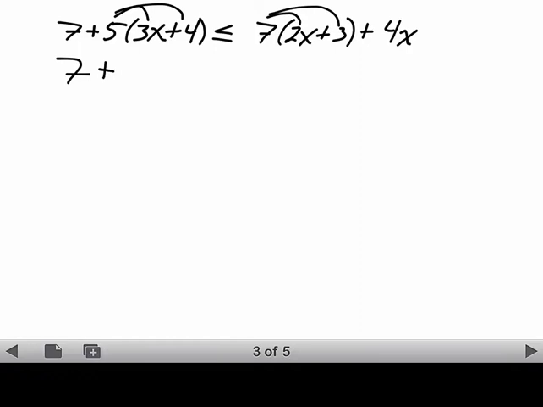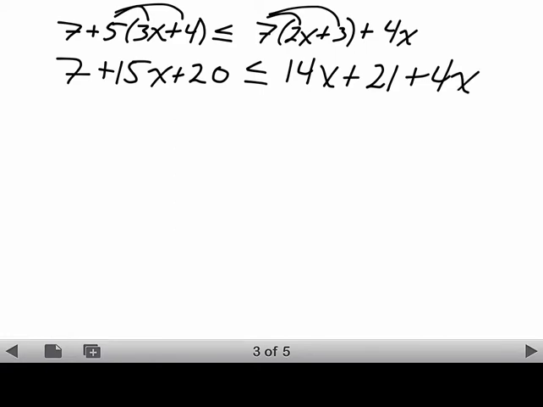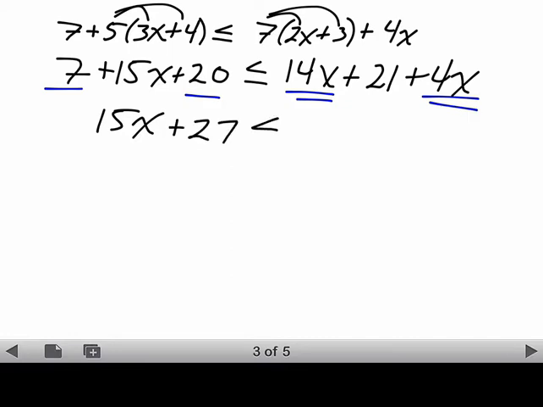When I distribute, I get 15x plus 20 on the left-hand side, less than or equal to 14x plus 21 plus 4x. I'm going to collect my like terms on the left-hand side and the right-hand side, just like I would a linear equation. I have 15x plus 27 is less than or equal to 18x plus 21.